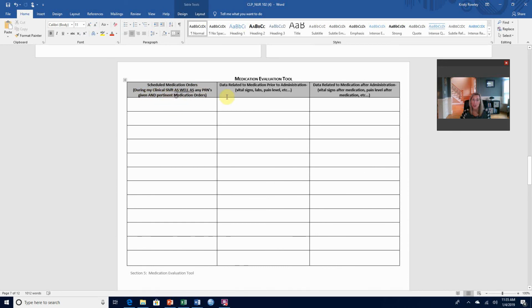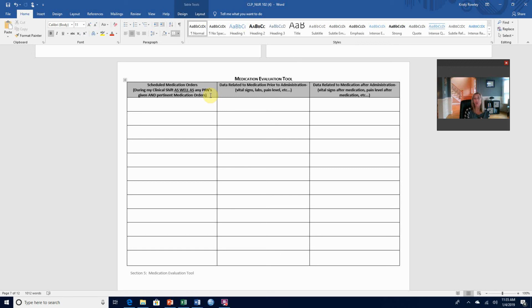Pertinent medication orders would be those medications that are not scheduled in their time frame. So let's say the patient is septic, sepsis is their main diagnosis, and you're there from 6:30 to 12, but their antibiotic isn't scheduled until 10 o'clock that night, and so the student didn't list that.